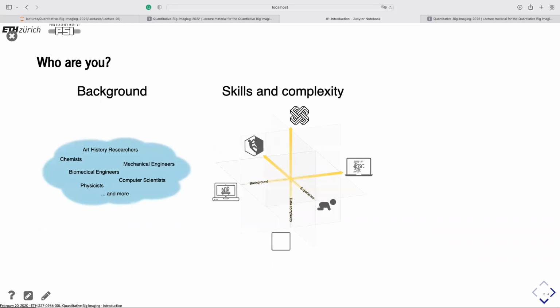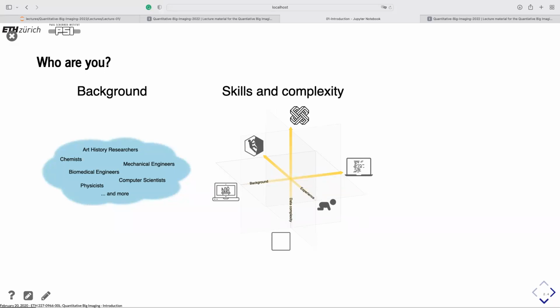I already saw on the list of participants that there is a wide variety in background. We have had art history researchers, chemists, mechanical engineers, biomedical engineers, computer scientists, mathematicians even, physicists, and so on.